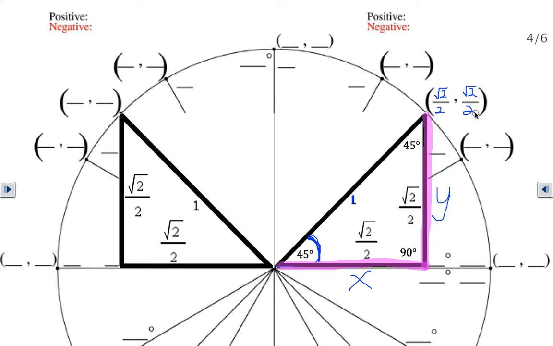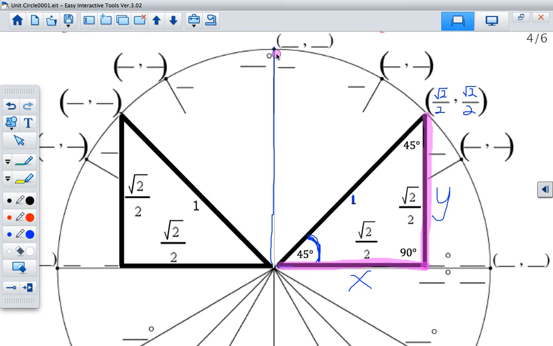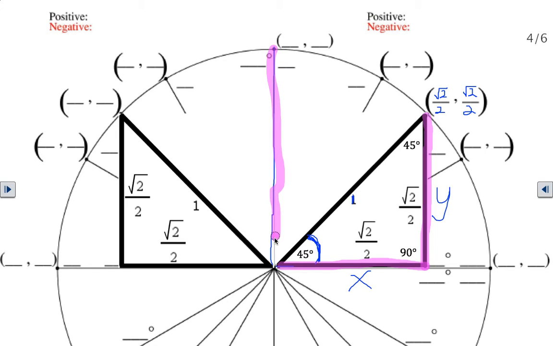Now, we also know that the radius of the circle goes to our axes. One radius goes from here to here. Let me change that. All right, so one radius, let me do in pink. Pretend that's a straight line. This straight line is one radius, and this straight line is one radius.